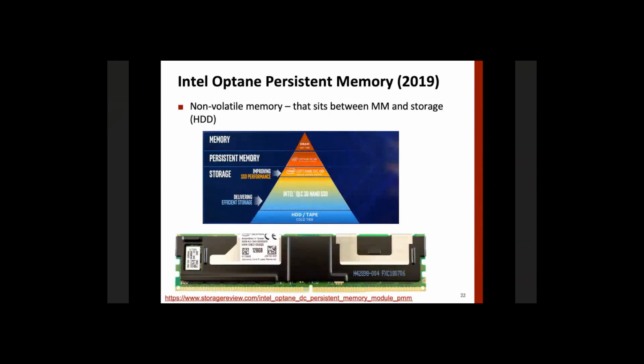So when you make this triangle, the lowest level is hard disk drive, which is cheapest but maximum capacity. Next is the solid state drive, which is slightly lower capacity than hard disk drive, but access speed is higher. Then you have this new memory that has come out, called Optane persistent memory. I think you won't have heard of it because it's very recent. Only the latest processor, like the one we are discussing, has it.